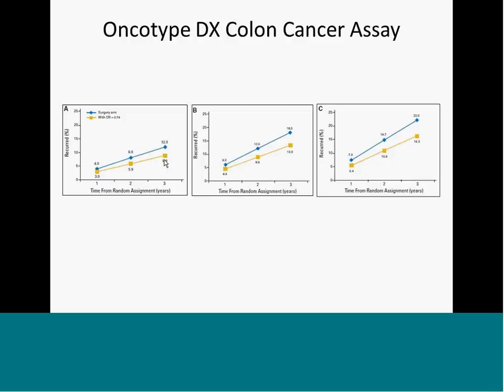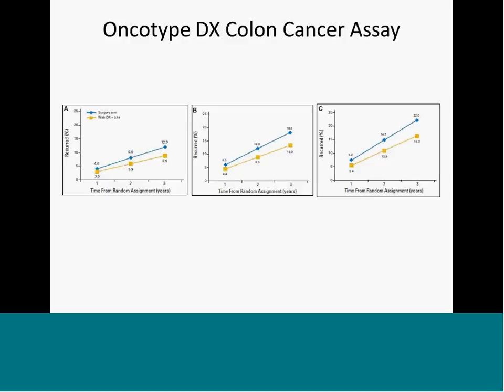And this is where the Oncotype DX can actually come in handy. What we do know is that if you have somebody with a high recurrence score, greater than 40, the recurrence risk is predicted to be around 20 to 25% or higher, whereas if you have a low recurrence score, the risk of recurrence is about 10 to 15%.